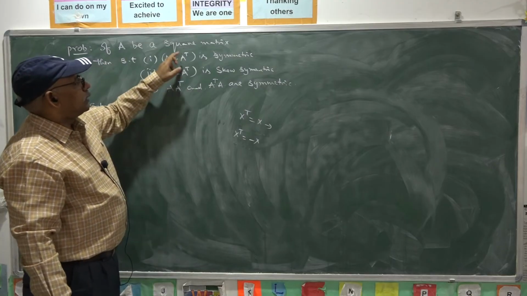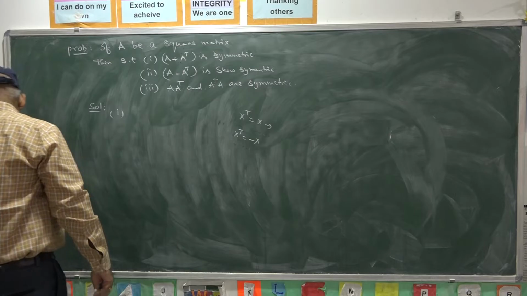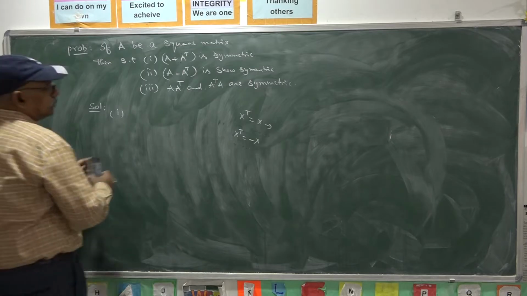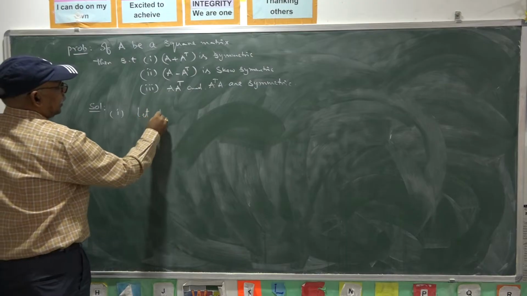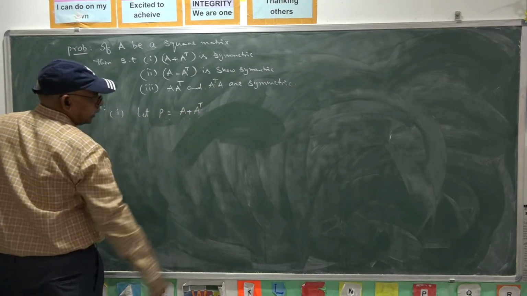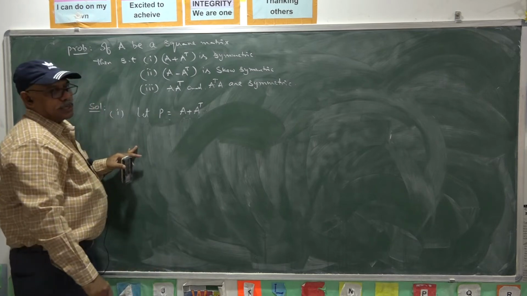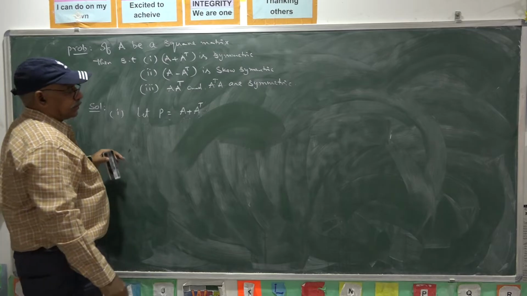Once its transpose is itself, then you can say that the matrix is symmetric. So, let us consider A plus A transpose as P. Now, I will show P is a symmetric matrix.